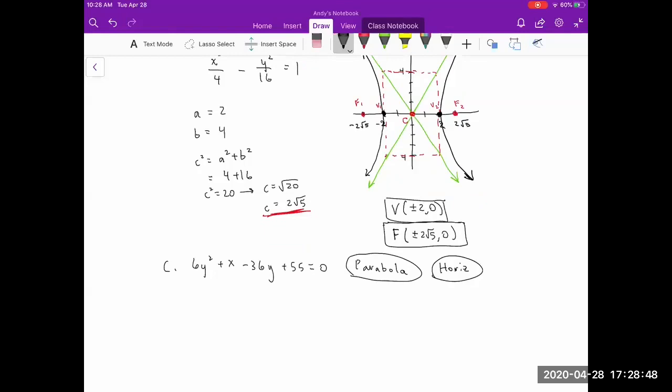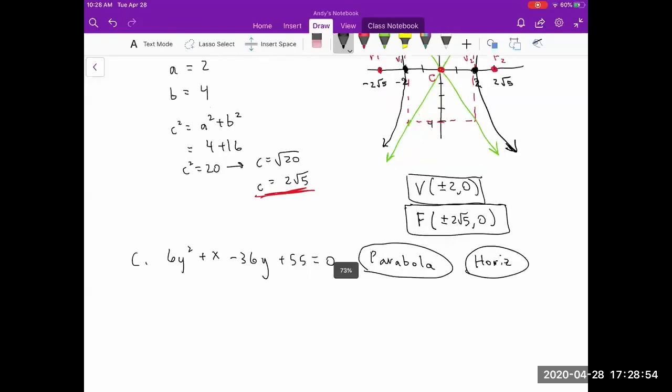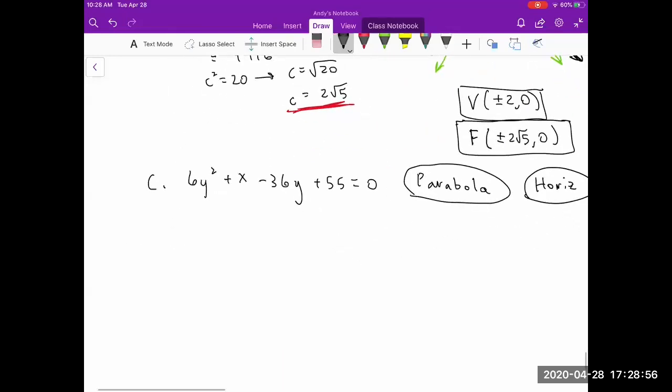So to get it in the form we like, we need to, well, complete the square with y. So for y, let me zoom in a little bit here. Again, I can zoom out later, but right now this is easier for me to write. For the y's, if we pull out 6, we'll get y squared minus 36 divided by 6 is 6y. And then we need to add and subtract a number to complete the square.